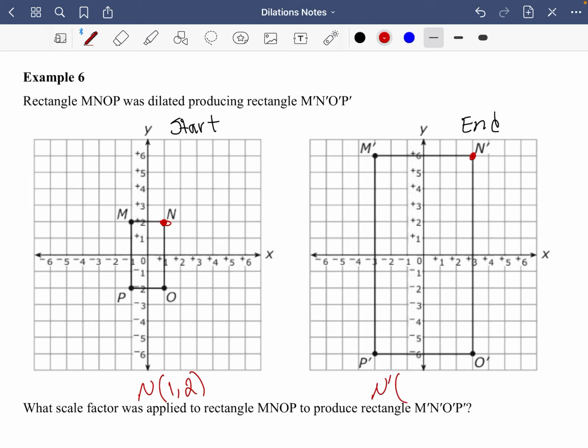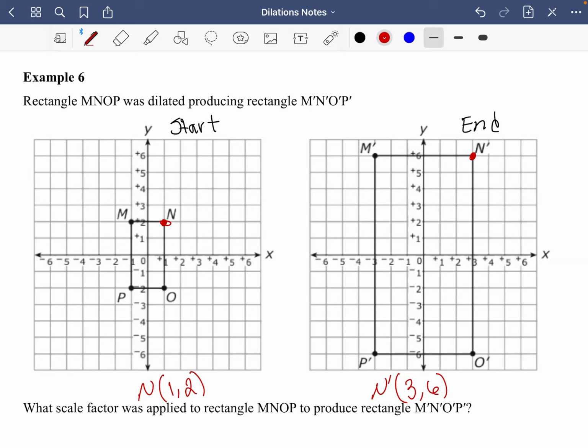And N prime ended up at 3, 6. So something happened to 1, 2 to become 3, 6. And what we have to realize is what number, because we know scale factor means multiply. What can we multiply to 1, 2 to get it to become 3, 6?